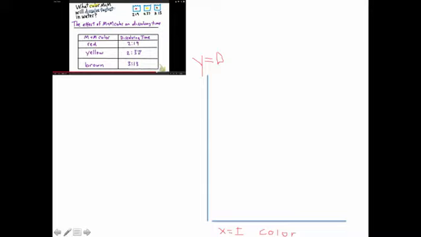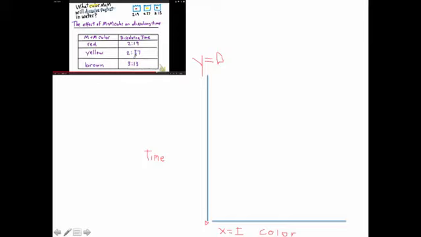Okay? And then the next thing you see is when you're building a graph, this is obviously 0, and I guess we need to put time over here. Bear with me on this writing. It's hard to do on here. Okay, so I put time over here, and then this is 0 for the x-axis and the y-axis.